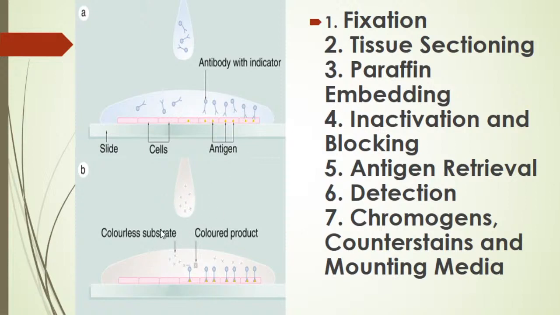A colorless substance can be identified in some area, and the first steps are the same: fixation, tissue sectioning, paraffin embedding, inactivation and blocking. After that, very important, antigen retrieval. Next is detection and chromogens, counterstain and mounting media.